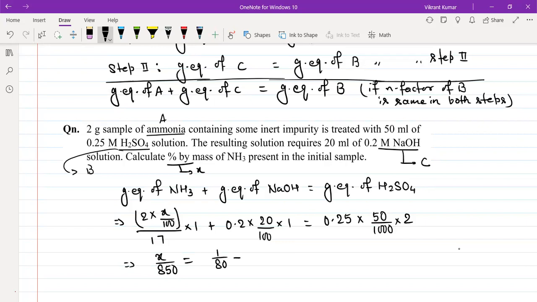ठीक है. Will be, if you see this one, 1 by 10 into 25 by 1000... नहीं गड़बड़ किया गया.